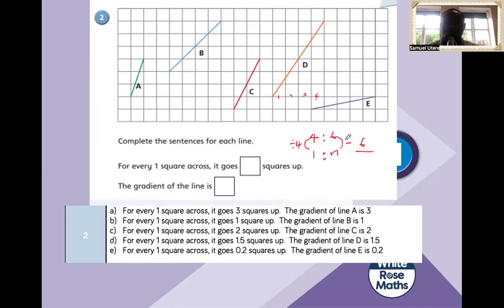So we divide both the left side and the right side by 4.